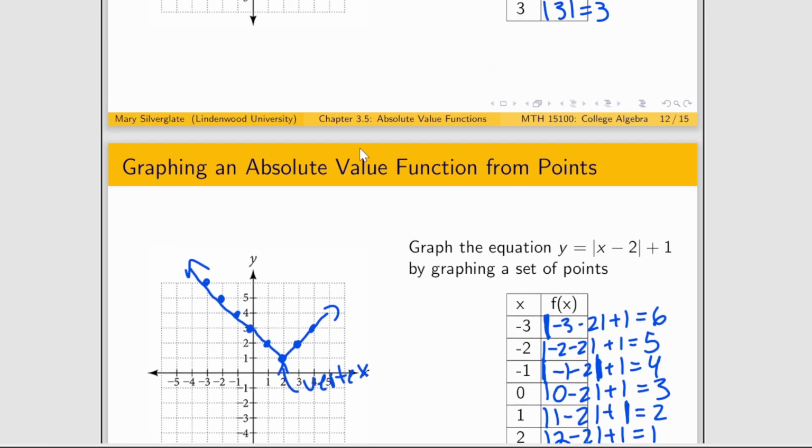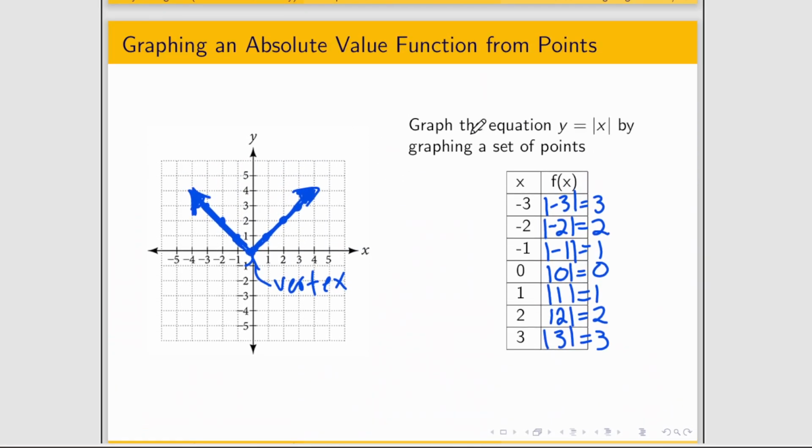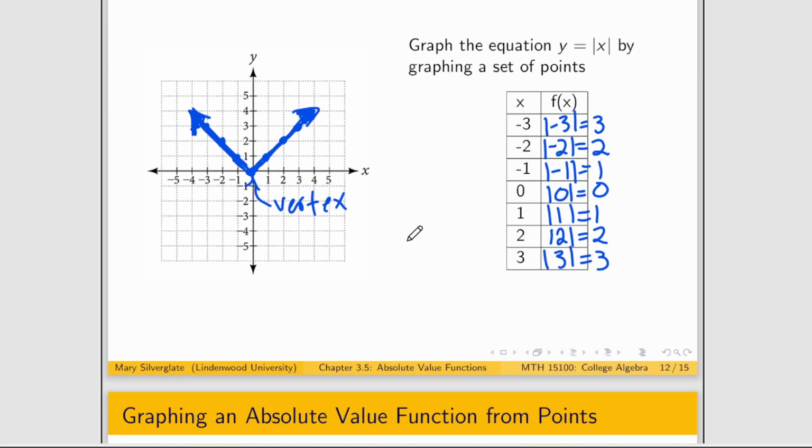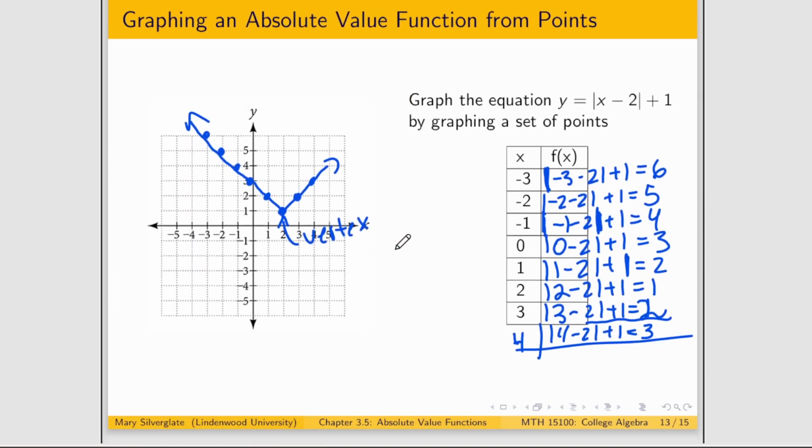And whenever we're using knowledge of transformations, we want to keep this really basic absolute value function in mind, where it has a vertex, the lowest point, at the point (0, 0), and then it's just going in a slope of positive 1 in one direction and a slope of negative 1 in the other direction.